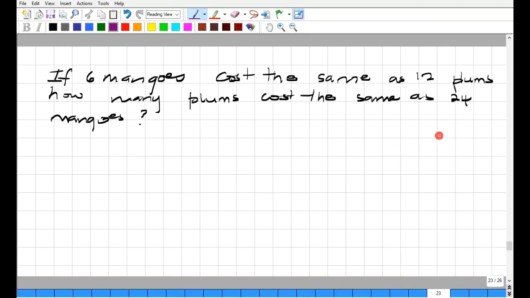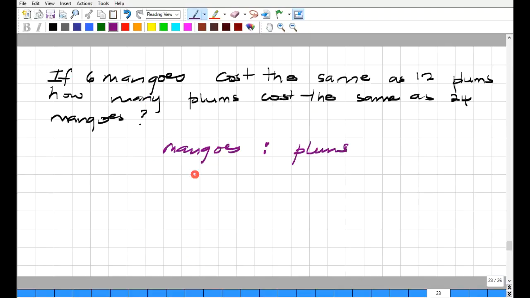If 6 mangoes cost the same as 12 plums, how many plums cost the same as 24 mangoes? So this is a ratio. We have mangoes here, and mangoes are being compared with plums. Okay.